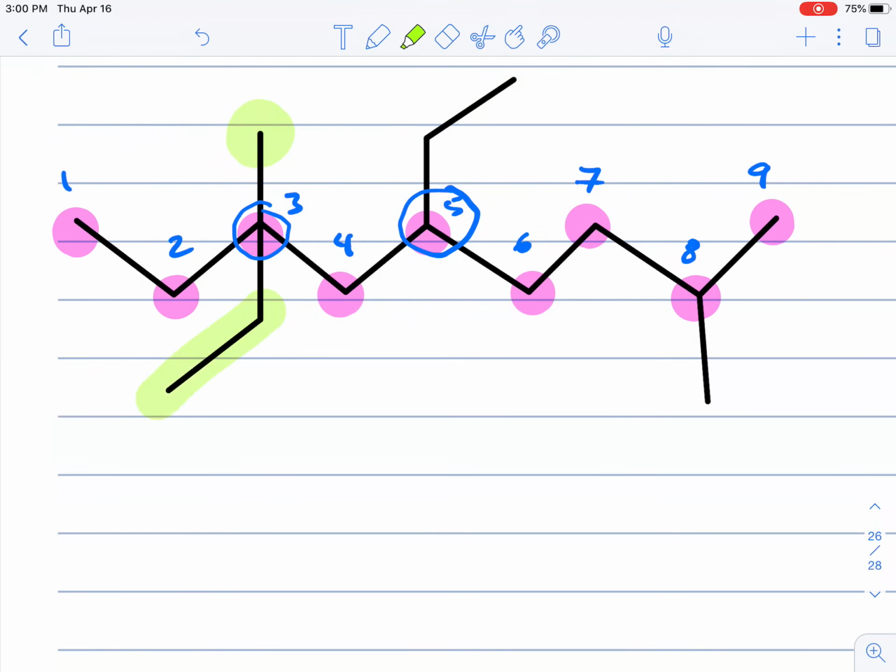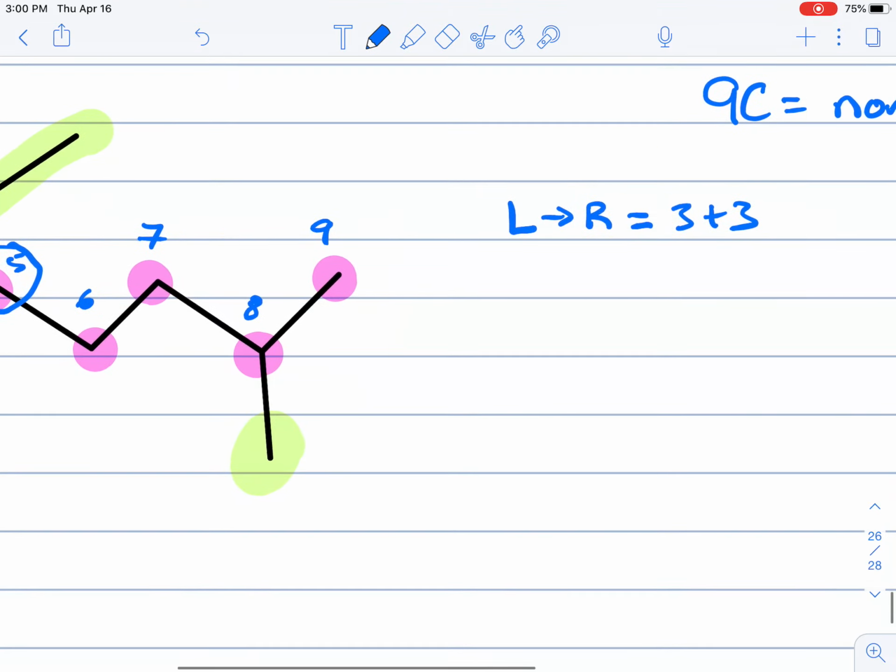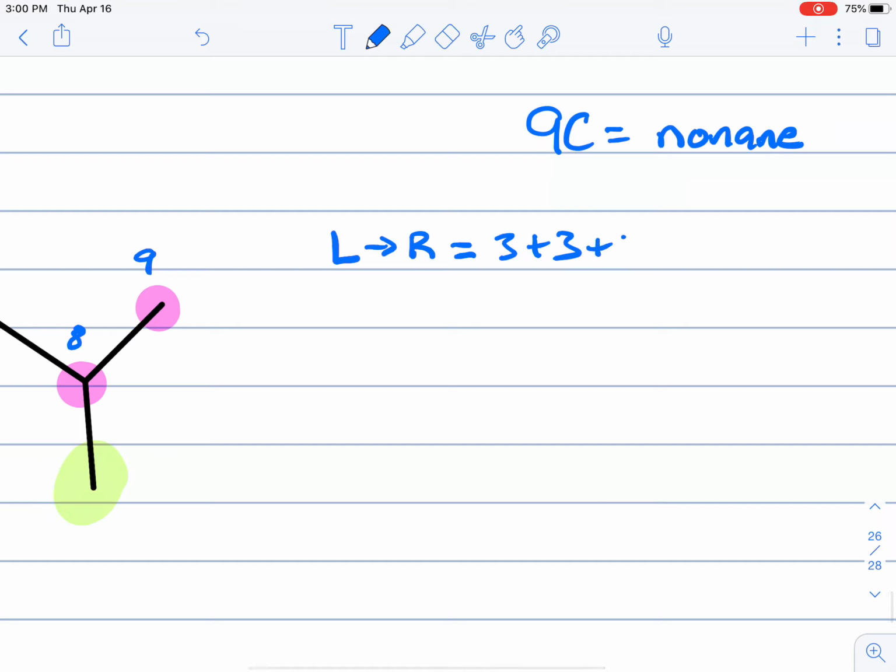So I have this, and this is my substituent. So notice that there's 2 on 3, there's 1 on 5, and 1 on 8. And so 3 plus 5 plus 8. Okay. And so here, this is 13, 16, and 19.